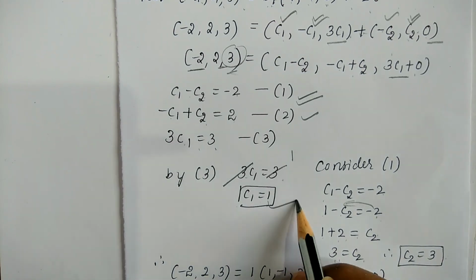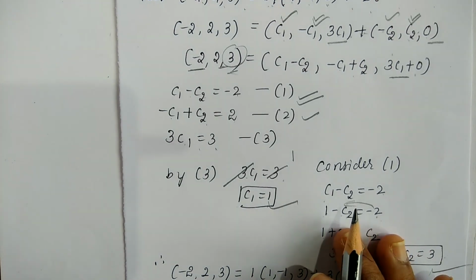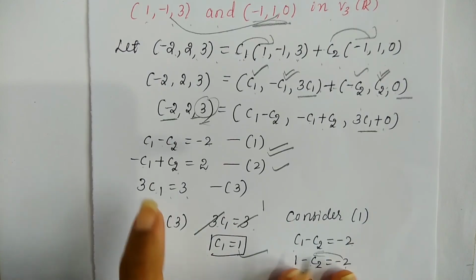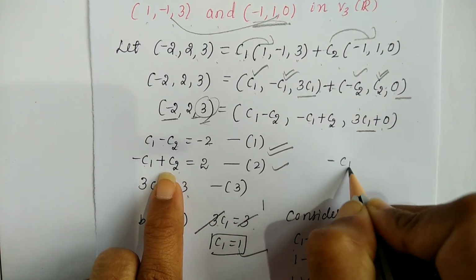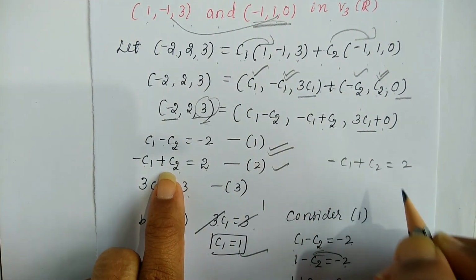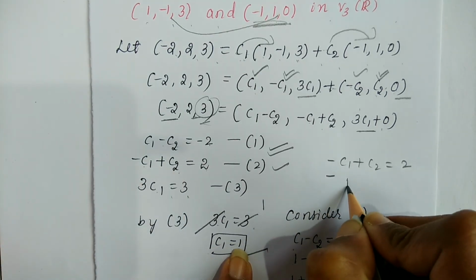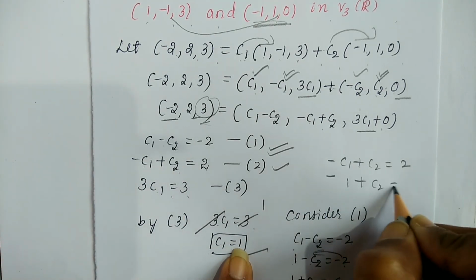So we get C1 and C2. If I consider equation 2, we get the same value of C2. Equation 2: minus C1 plus C2 is equal to 2. Minus 1 plus C2 is equal to 2.